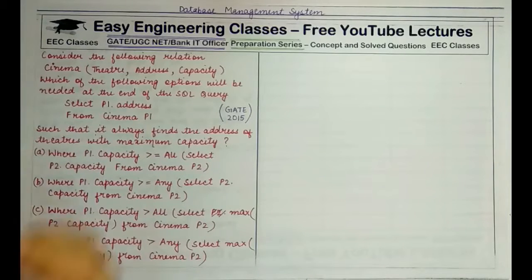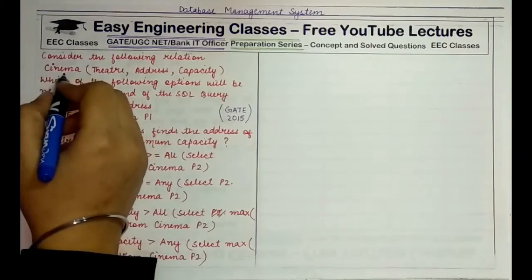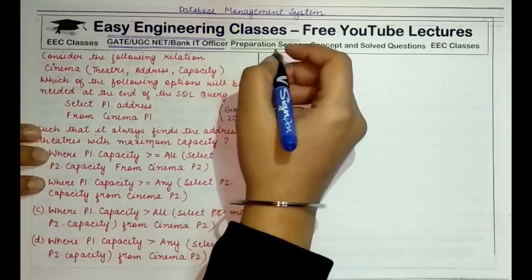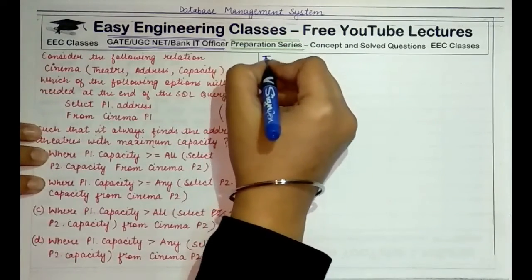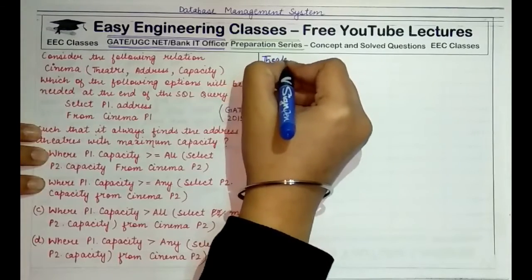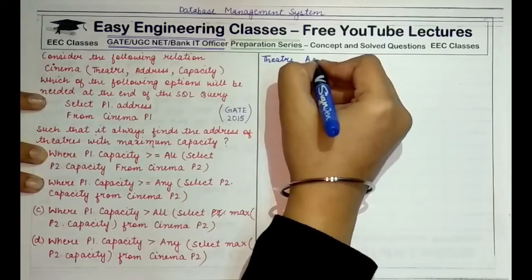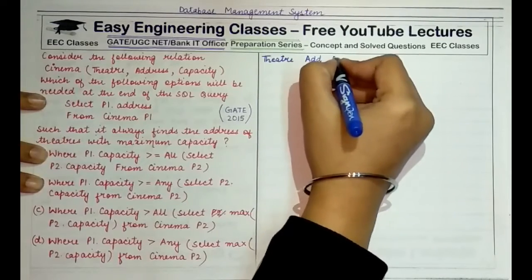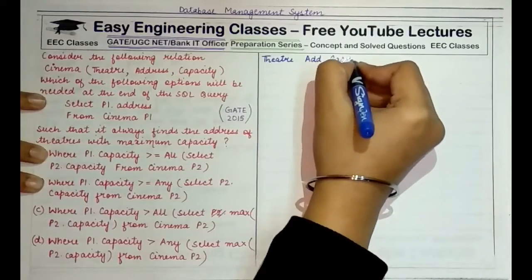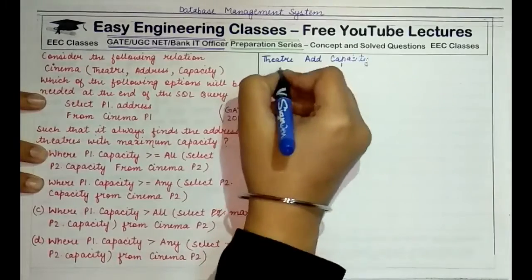Okay, so let's draw an instance of this schema that is given to you, cinema. Let's assume that there are three columns: theater, address, and capacity. Let's make some rows in this and insert values.